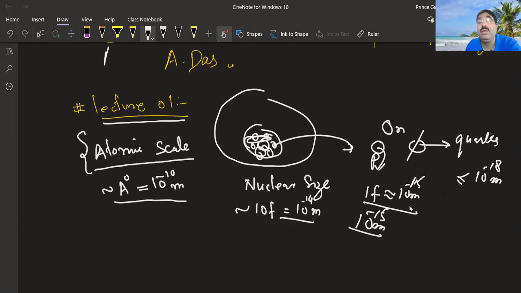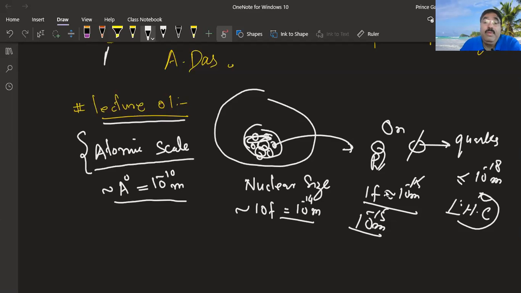And then we have quarks, which are the building blocks of the protons and neutrons. The scale is 10 to the power minus 18 meters. और उससे नीचे हमें कुछ नहीं पता है. Experiments हमारे पास कुछ नहीं है उससे नीचे. So जो हमारे सबसे बड़े से बड़े accelerators है, like Large Hadron Collider, we can only probe to the length scales of the order of 10 to the power minus 17 or minus 18 meters. Okay.